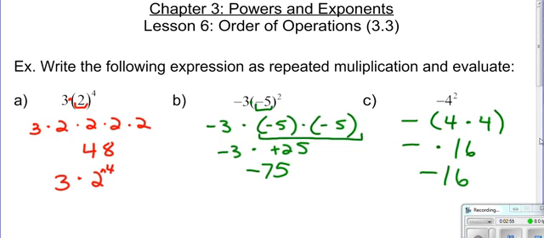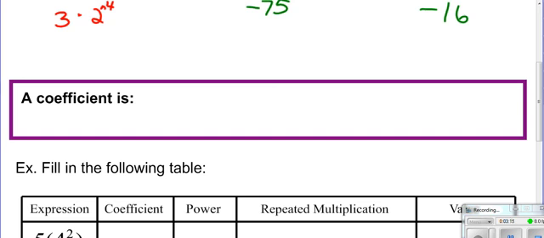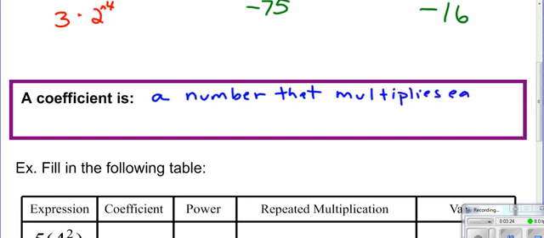In each of these examples, we have shown a coefficient. The 3, the -3, and the negative sign are actually all coefficients. So I hope that you came up with an understanding that a coefficient is a number that multiplies each term in an expression.